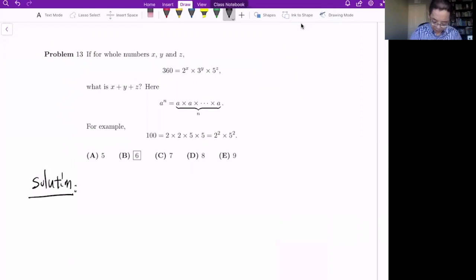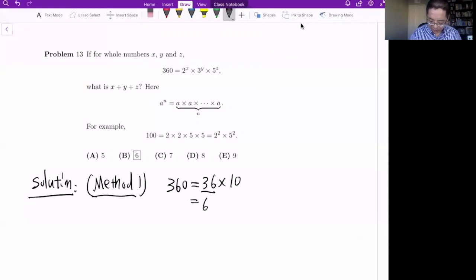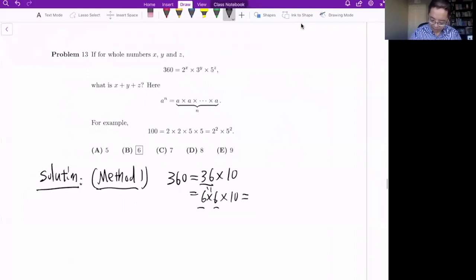So what do we do? There are 2 ways to do it. Method 1, we just do it directly. 360 is 36 multiplied by 10. 36 is just 6 times 6, and then times 10. I can further factorize each 6 as 3 times 2, and 10 is 2 times 5.